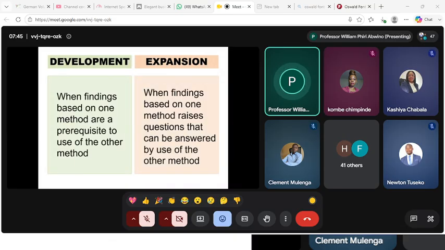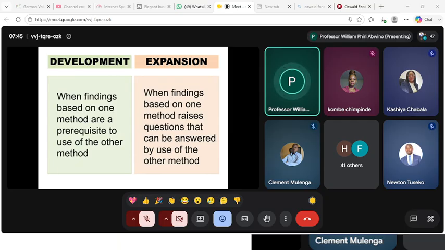So you have done your study using this particular method, and in the final findings there are some gray issues. Some issues have arisen, so you may want to use another method to ensure that those are actually answered. So you are expanding.